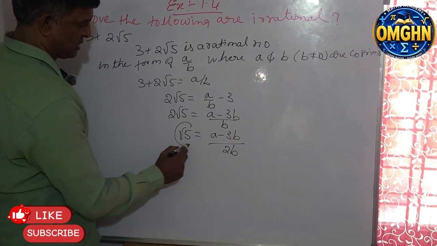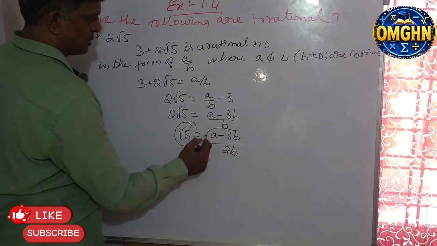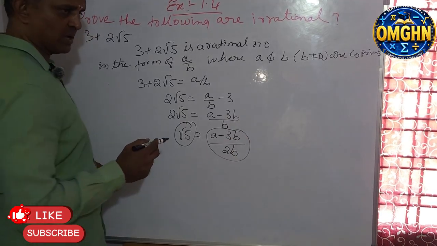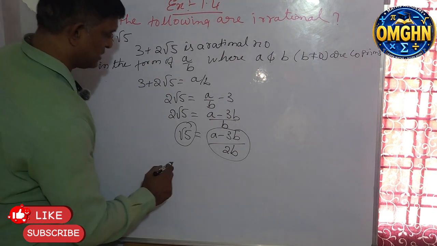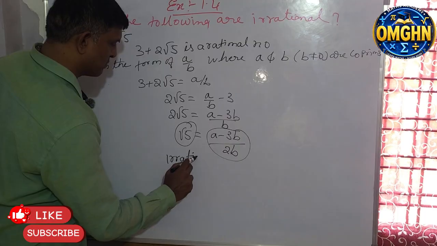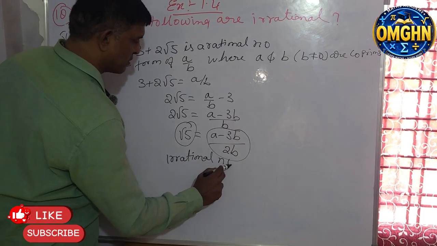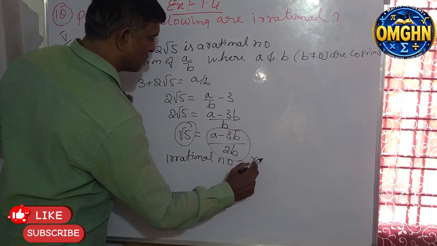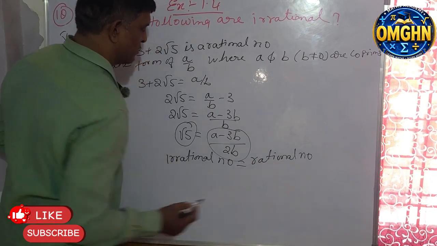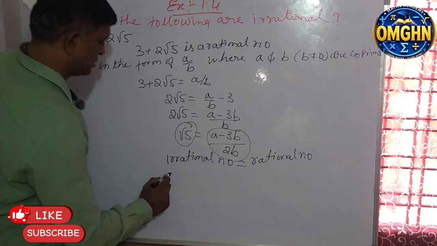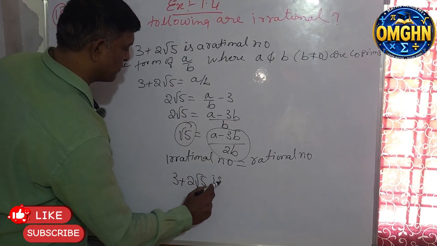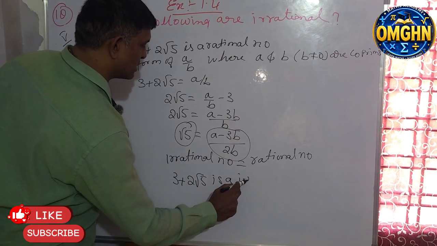Now this is an irrational number and this is a rational number. So our assumption is contradicted. That is, an irrational number is not equal to a rational number. So 3 plus 2 root 5 is an irrational number.